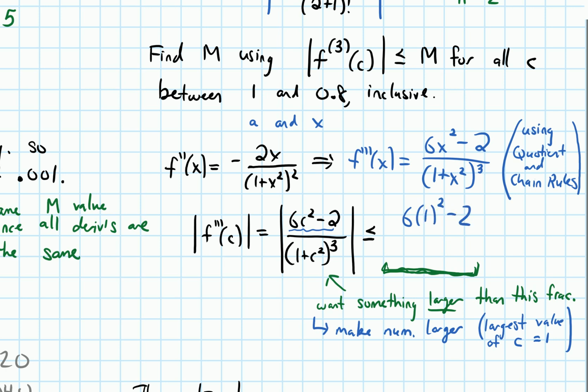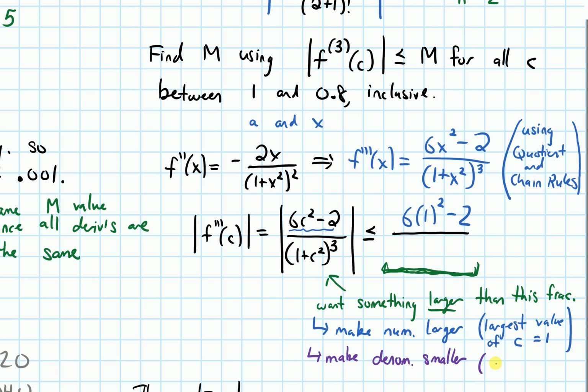And now let's think about the denominator. If I want to make my whole fraction larger, let's make the denominator smaller. And the smallest the denominator would get on the interval from 0.8 to 1 is if I make c 0.8.